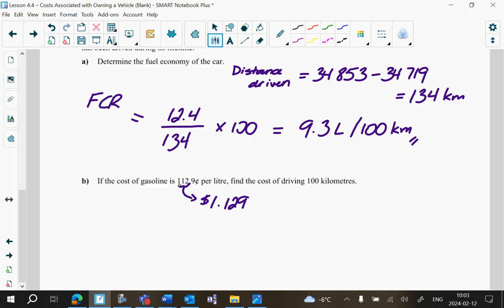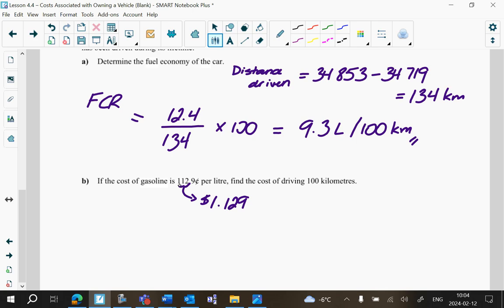So the cost of driving 100 kilometers, sorry, I made a mistake. We don't want to know the cost of gas used for this trip. We want to know the cost for 100 kilometers. So how much gas did we use for 100 kilometers? Right here.